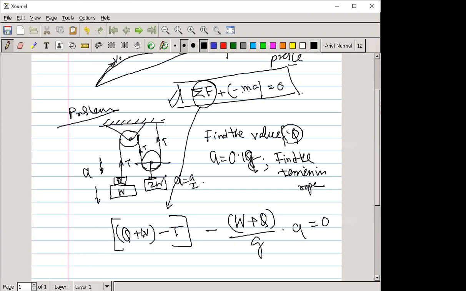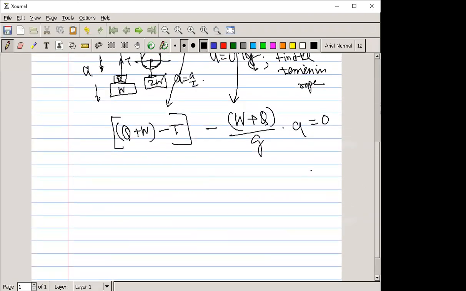Q plus W is the force, minus the tension, also a force, so it indicates the summation of all forces, and then mass into acceleration, the individual component. So from this equation we will get T equal to W plus Q; both have W plus Q, so we take it common, and we get this. Any question, anyone? Up to this, is it okay?